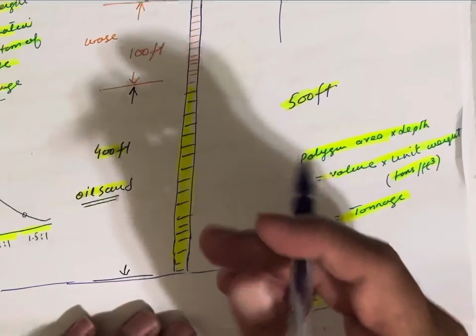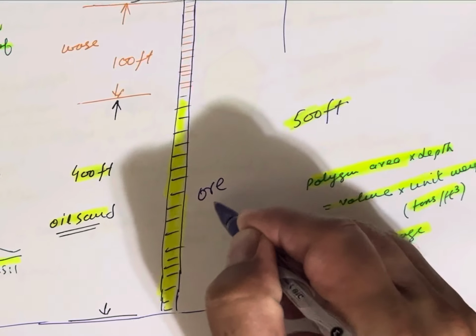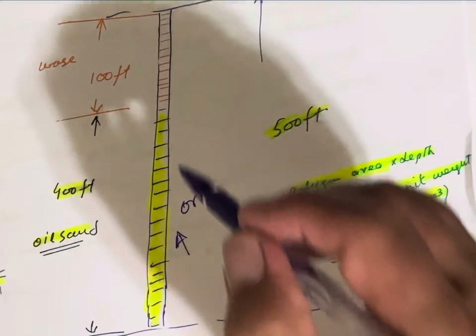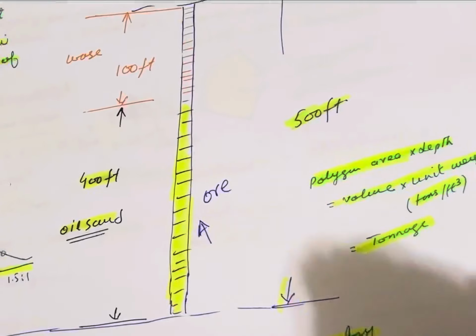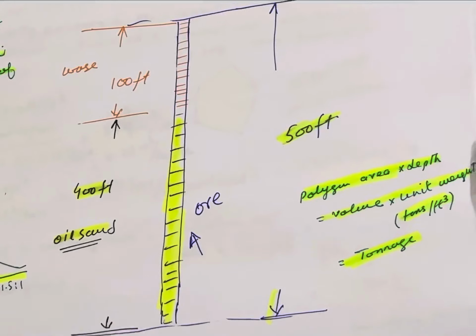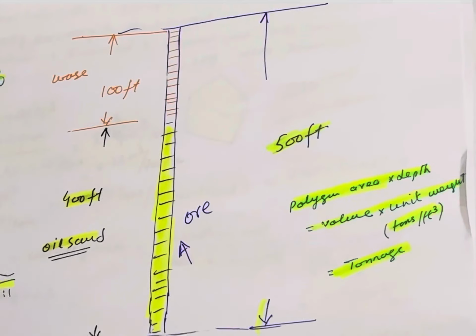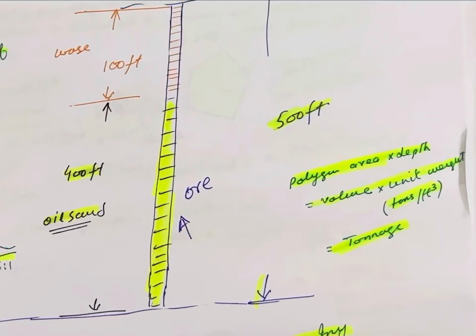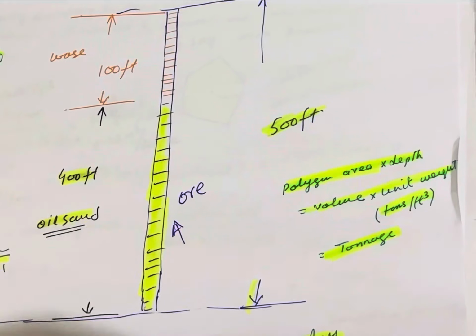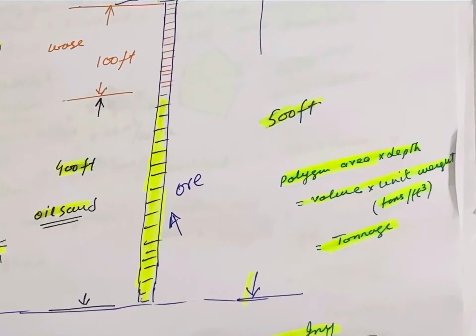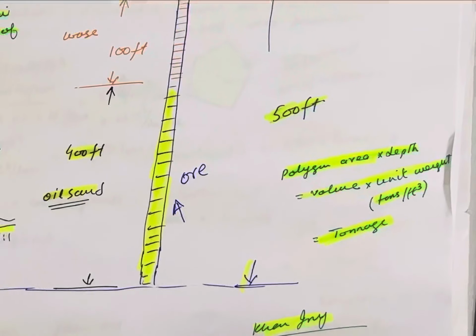In this case, our economic mineral is this one, and this is the waste. So you can calculate the ore, and once we establish the pit slope and then the bench slope, we go to our next stage, the mining.